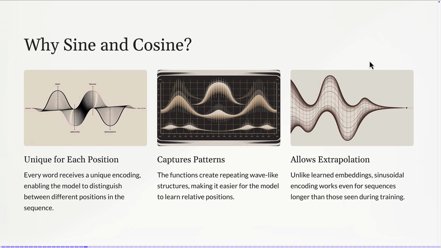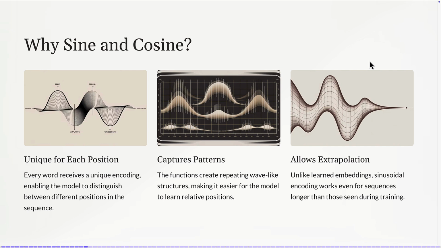So what is the advantage of using sine and cosine? First of all, it's going to give you a unique value for each position within the context. It will help to capture patterns. It has some very special pattern that will add some additional information to the token embedding.